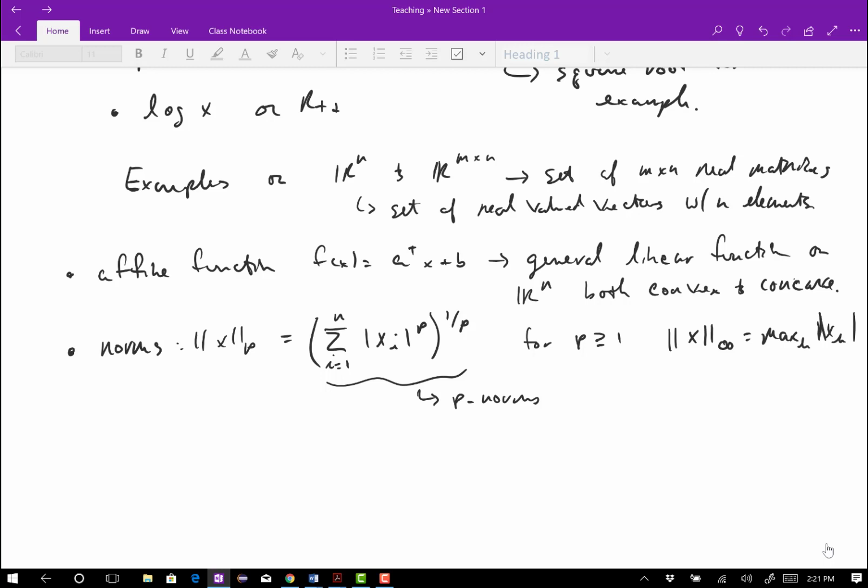In general, some of the things that define a norm, they must have a homogeneity property. And they must satisfy the triangle inequality.